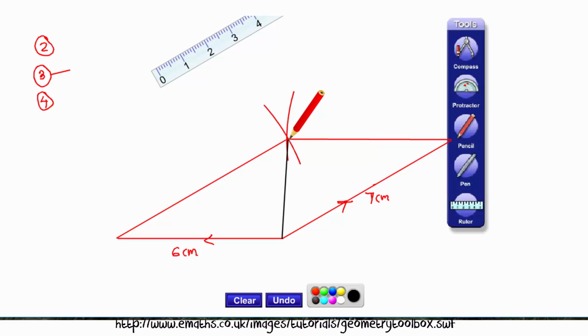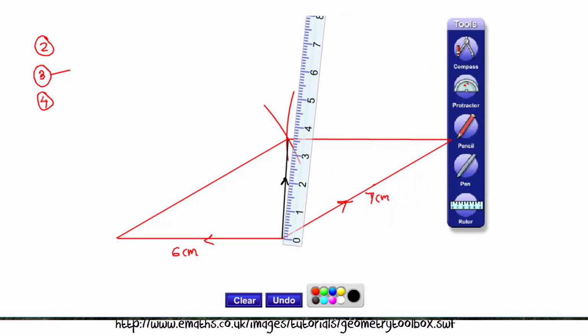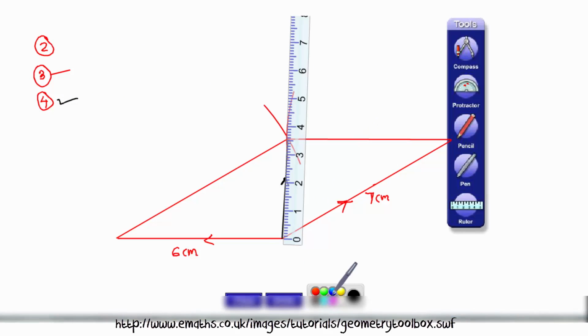This is the resultant of both the forces. If I measure this, because that's what I need eventually, it comes out to be 3.5. So I've done the fourth step as well.